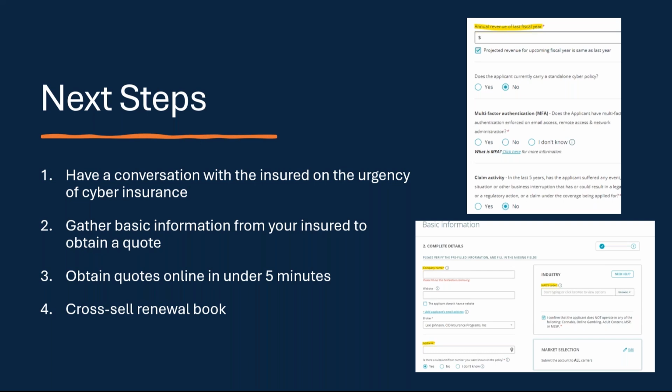Secondly, gather basic information from your insured. Here's a screenshot that shows just the basic information you would need. Company name, address, industry code, which is very simple to look up, annual revenue, if they utilize MFA, which is the multi-factor authentication, or if they've had a claim in the past.